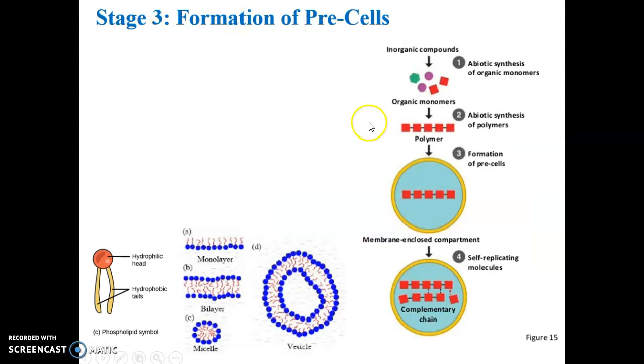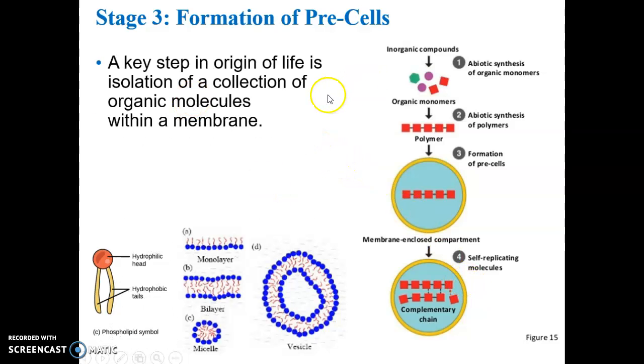So then moving on to the formation of what are called pre-cells. A key step in the origin of life, because life is cellular, is the isolation and accumulation of organic molecules within a membrane. Here in yellow is the membrane, zooming into a membrane.